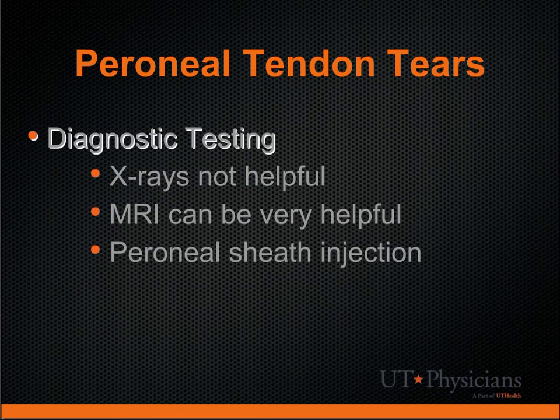So diagnostically, x-rays really aren't helpful given this is more of a soft tissue problem. So it's important to know that they don't have something else, but other than that, they don't necessarily help make this diagnosis. MRIs are very helpful because you can look at several things. You can look at the anatomy and the location of the tendons. Sometimes you can actually see the actual tear, but you can also identify if these people morphologically have an abnormal fibular groove, which would be more convex than concave.